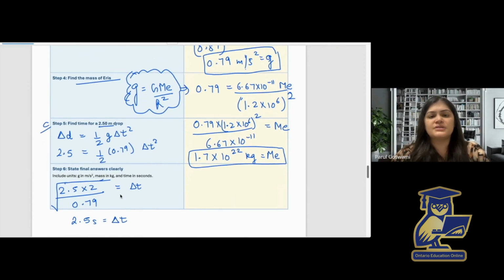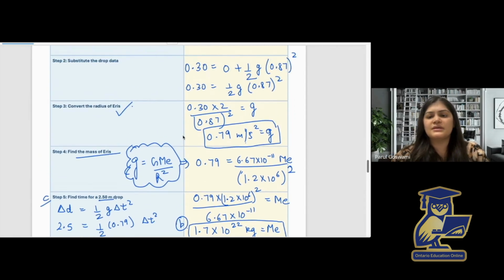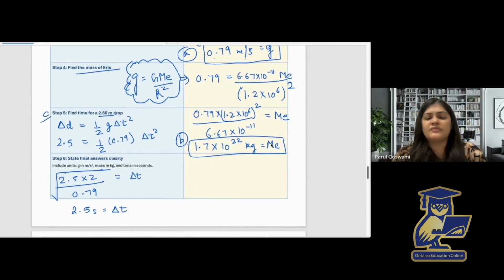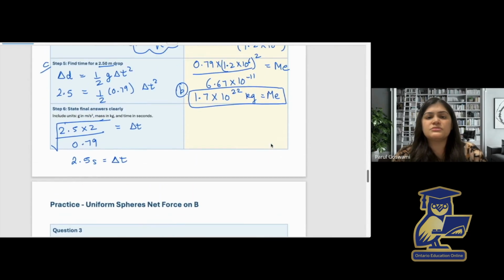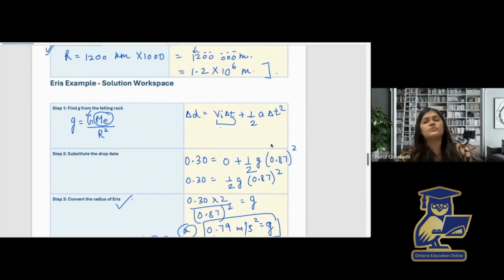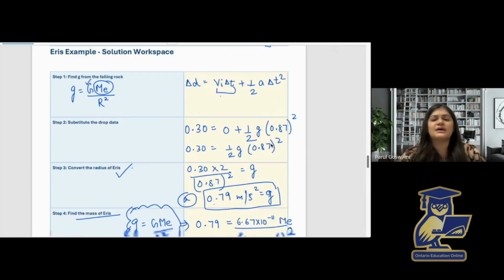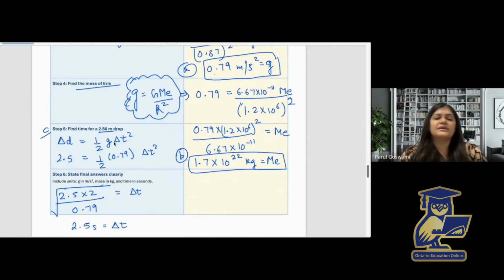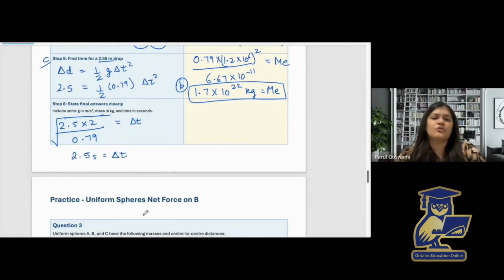So we have calculated part C. This was part B, which we got mass of Eris, and this was part A, which gave us acceleration due to that planet's gravity. So we have seen how we have to use the kinematics equation in order to determine acceleration due to that particular planet, and then we have used the relation between lowercase g and uppercase g to determine the mass, and again we have used the kinematic equation to determine the time that the rock will take.